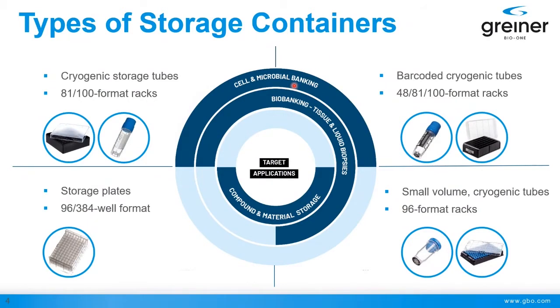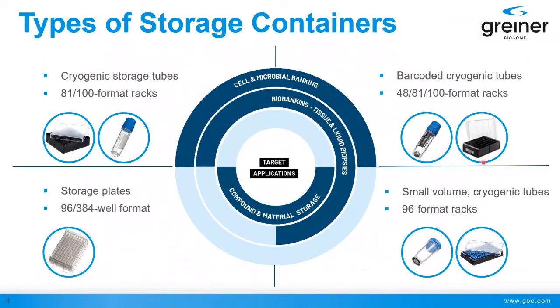The items themselves, the storage tubes, are pretty much the same, but they have in addition these barcodes and data matrix codes. Often still they are used in these 81 and 100 way boxes. But if indeed automation is gaining importance and throughput is really getting high, then there's definitely a trend towards 48-way format racks, which you see here in this picture, because these are automation compatible. And also about this, we will learn a bit more on the upcoming slides.